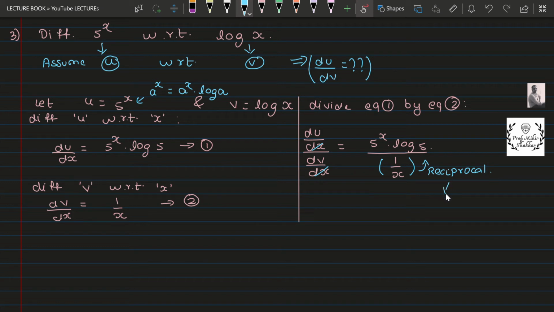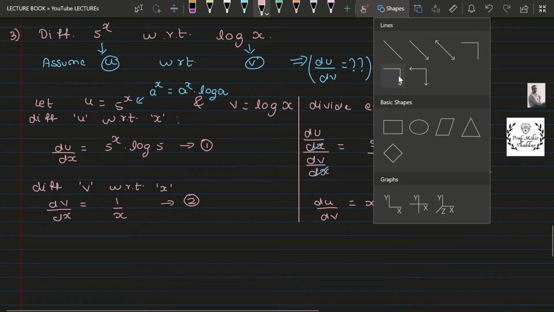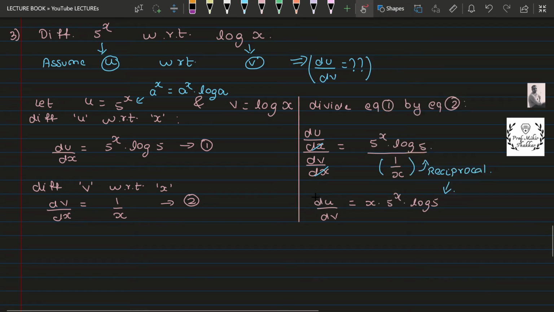So the answer that I will get over here is du by dx is equal to x into 5 raised to x into log 5. So that is our answer for sum number 3. I'm sure this is very easy for everybody to apply and understand.